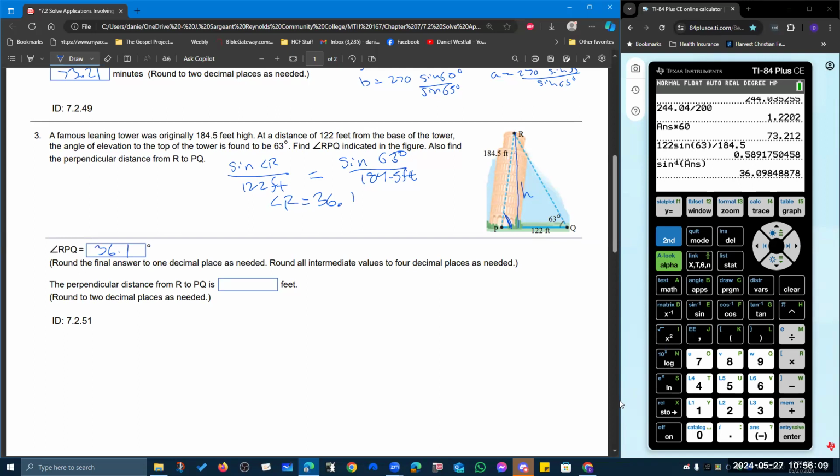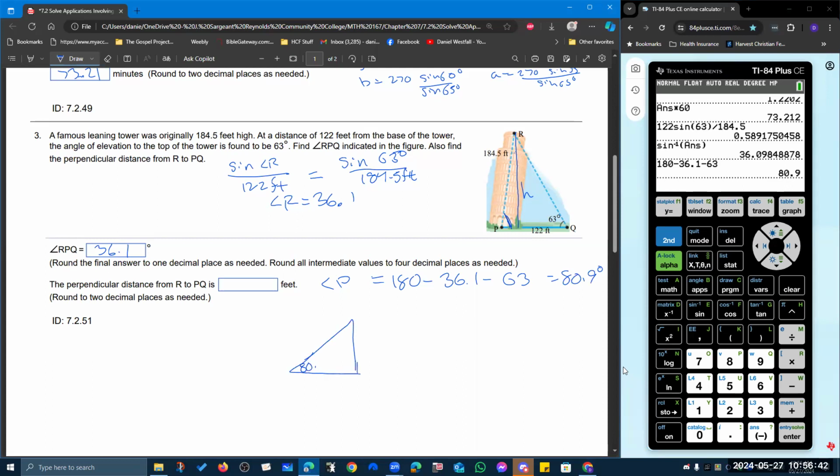And now that we know angle R is 36.1, we can say 180 minus 36.1 minus 63 is going to give us the measure of angle P. So 180 minus 36.1 minus 63 gives us 80.9 degrees.